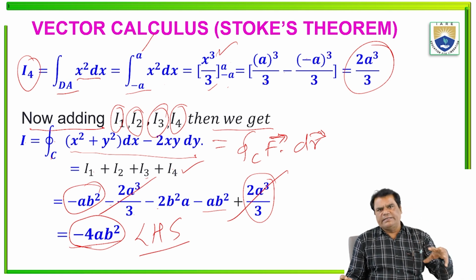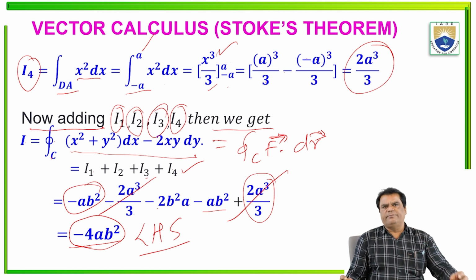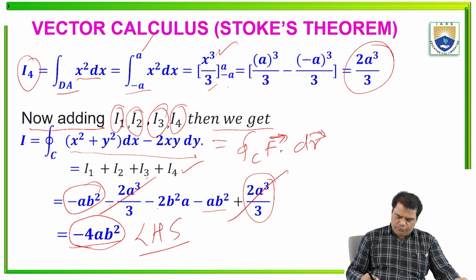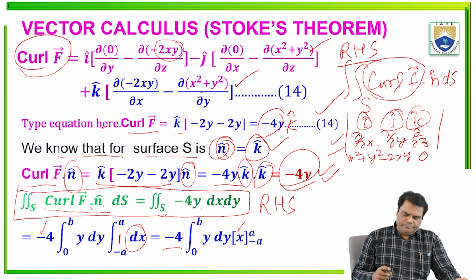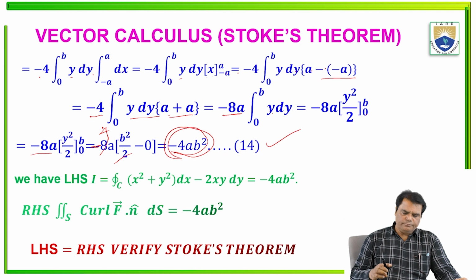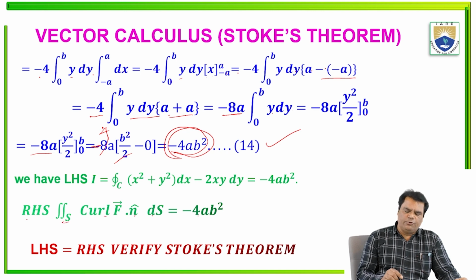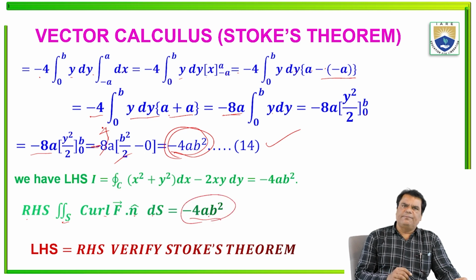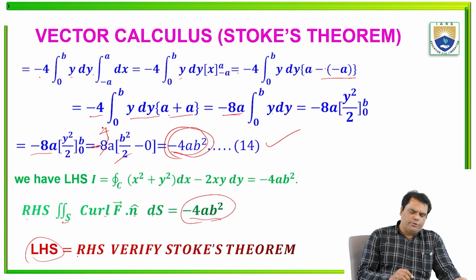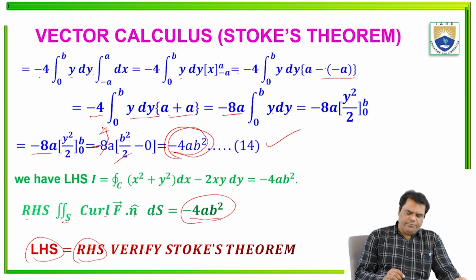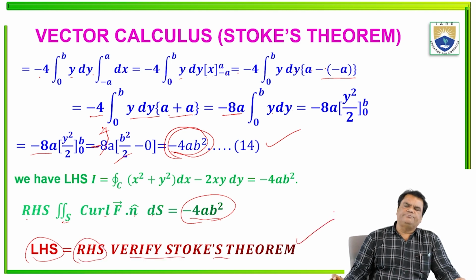So the value of LHS and RHS are both the same. Here we see that the formula RHS, double integration over S curl F dot n ds, equals minus 4ab square. This is the right hand side. And the same value is the left hand side. Left hand side equals right hand side. Verified the Stoke theorem.